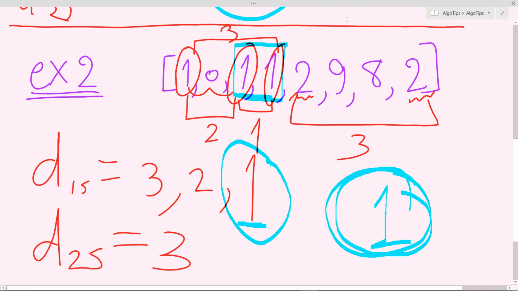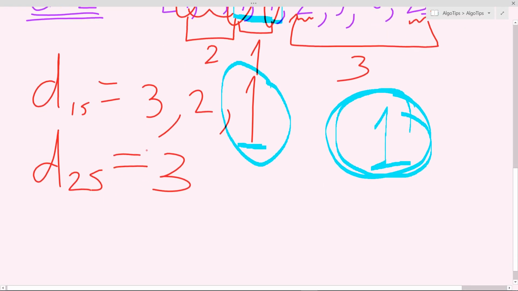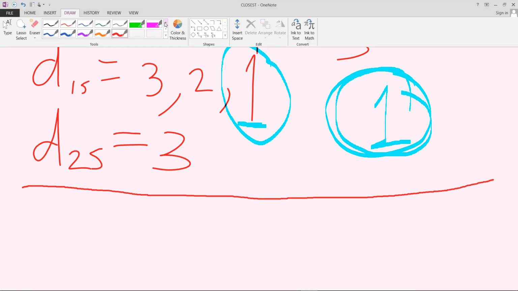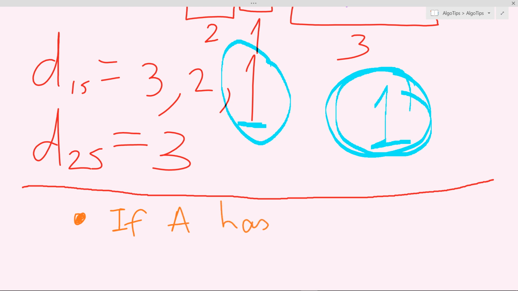So let's take a look at a few caveats that this problem may include. Number 1, if A has no pairs, instead of 0, I'm going to write no. So if A has no pairs, we return -1.